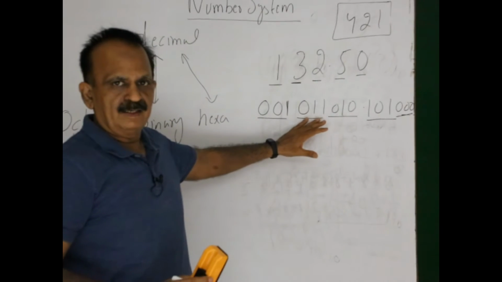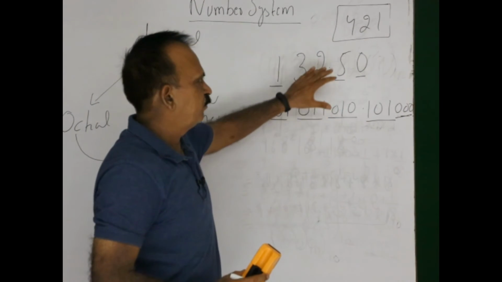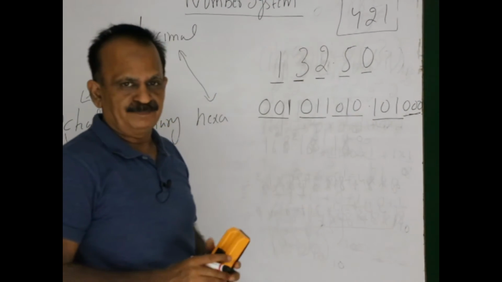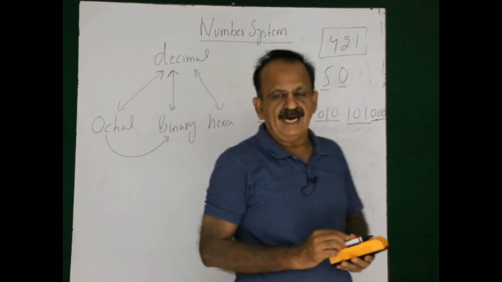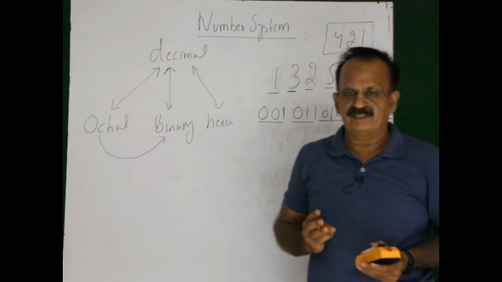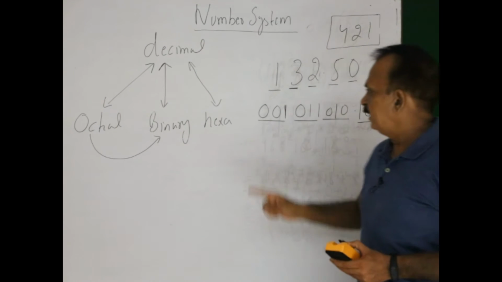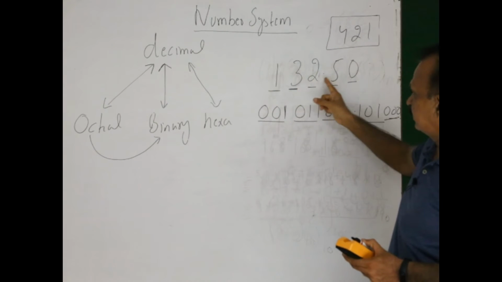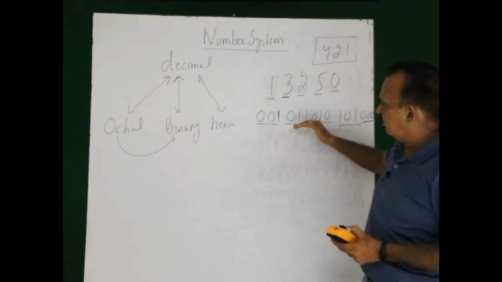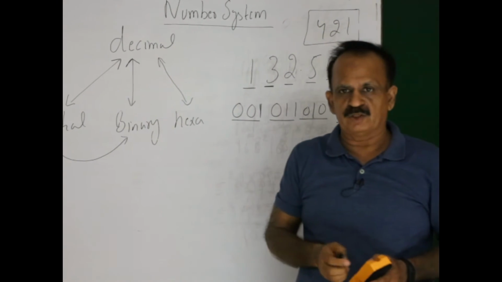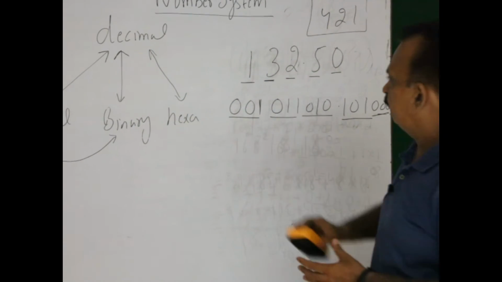Now this number is the binary equivalent of the given octal number. The procedure is, I have to write a 3-bit combination for each octal digit, and the resulting number will be the binary equivalent of the given octal number.